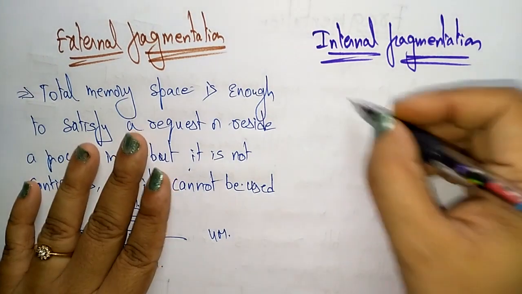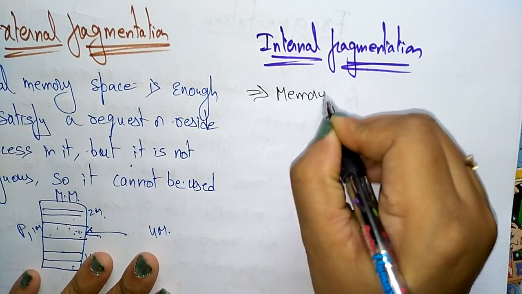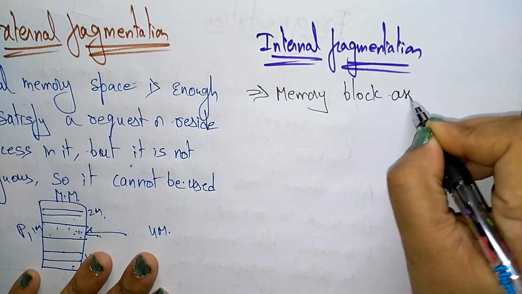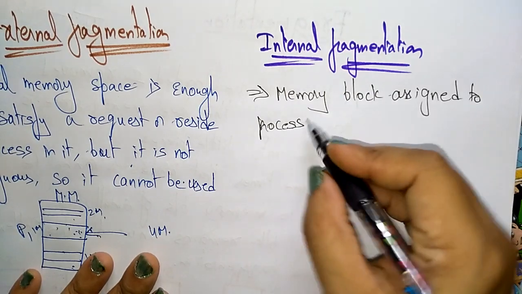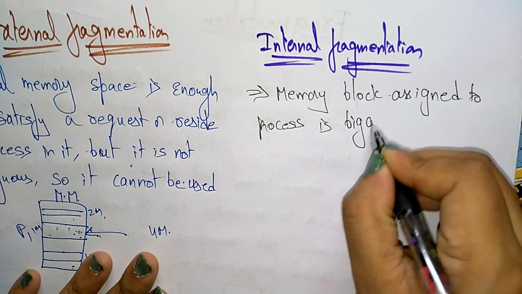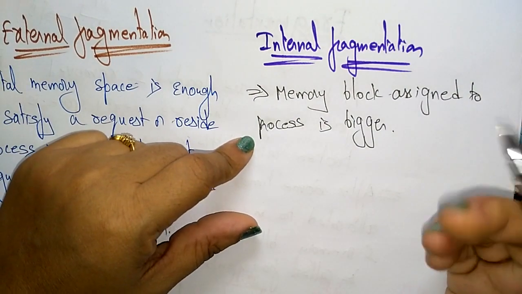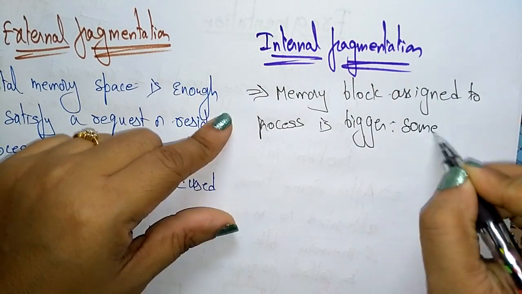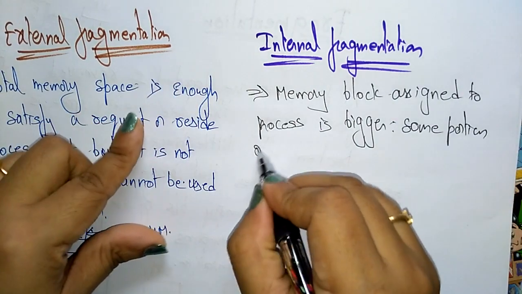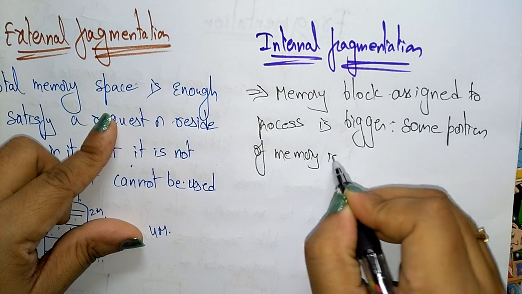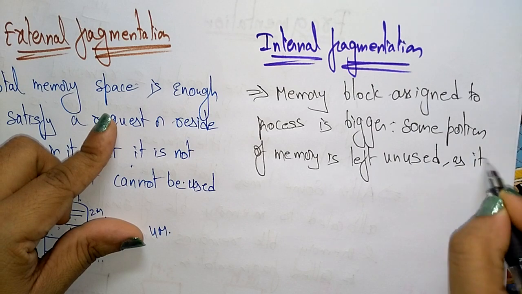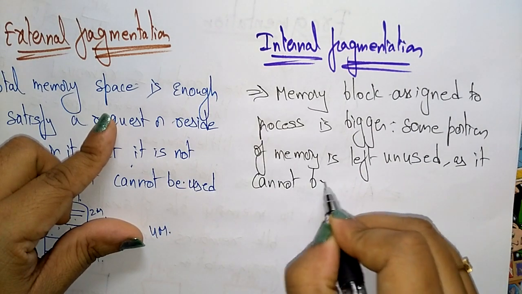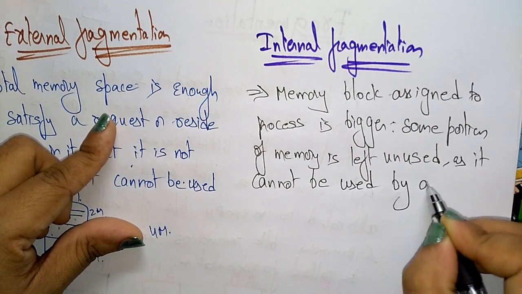Now coming to internal fragmentation. In internal fragmentation, the memory block assigned to a process is bigger, and some portion of memory is left unused, as it cannot be used by another process.